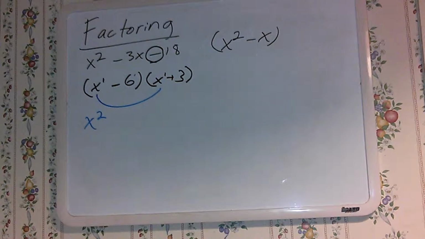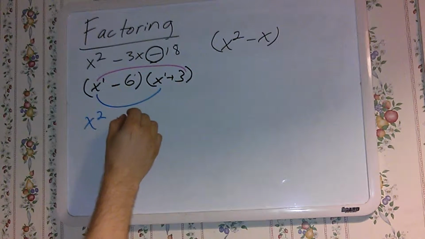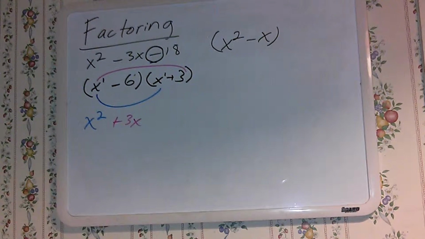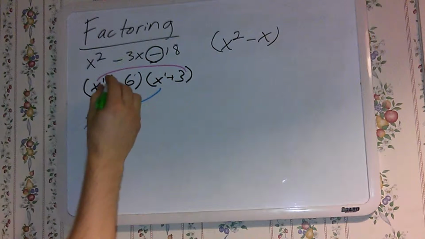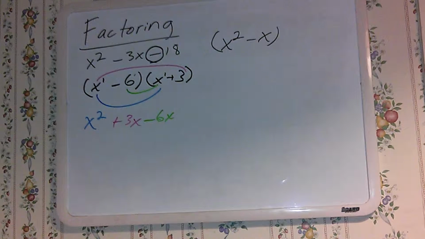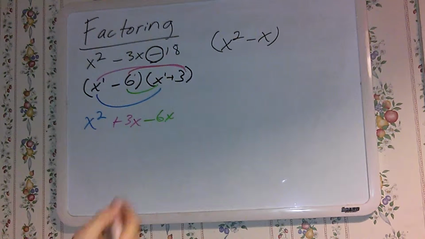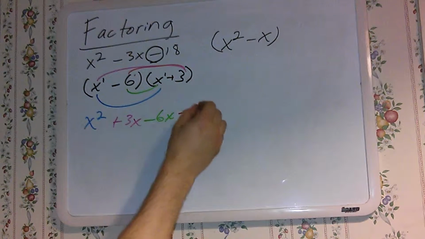The next is our outside terms, which gives me 3x. And the next is going to be our inside terms right here, which is going to give me negative 6x. And then finally comes the last terms right here, which is going to give you negative 18.